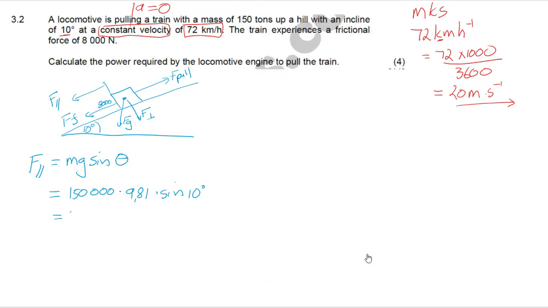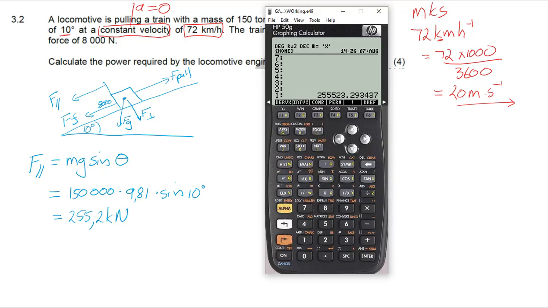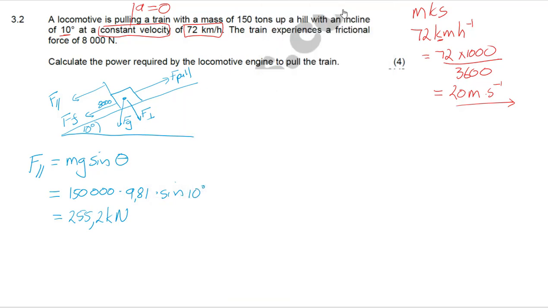I'm going to do shorthand: 255.2 kilonewton. Obviously on the calculator, I'm going to keep all of those decimals. I'm not going to remove any of the decimals. Keep them in there. You have memories on your calculators, so use the memory. But just to show what I've written down, it's in kilonewton.